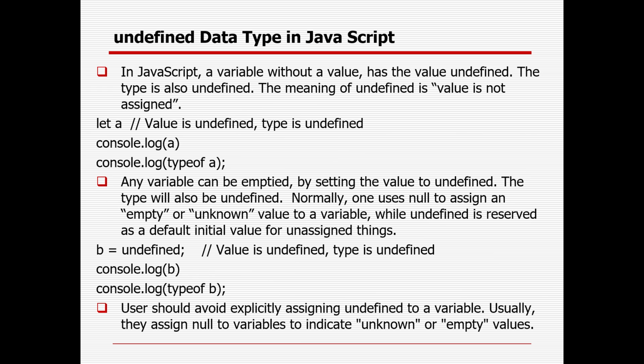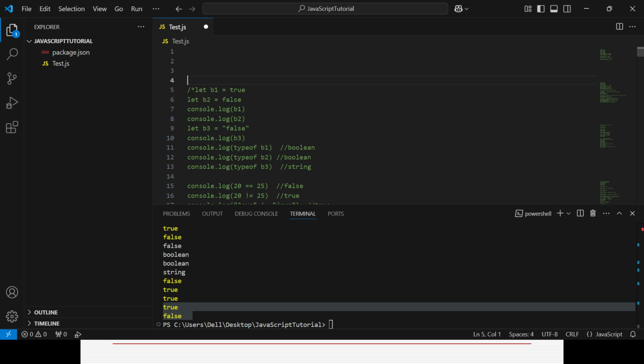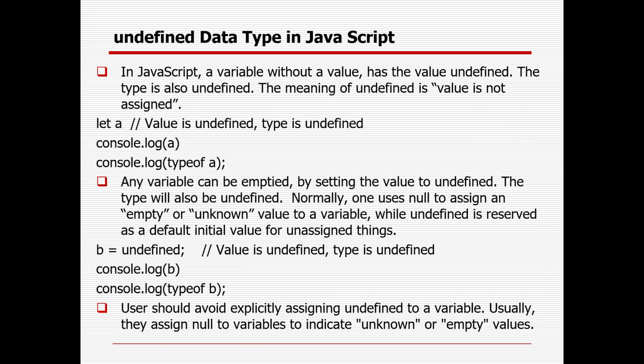Now we will see the undefined data type in JavaScript. Let's comment it out first. So what is undefined? In JavaScript, a variable without a value has the value undefined. The type is also undefined. The meaning of undefined is that the value is not assigned or is empty.